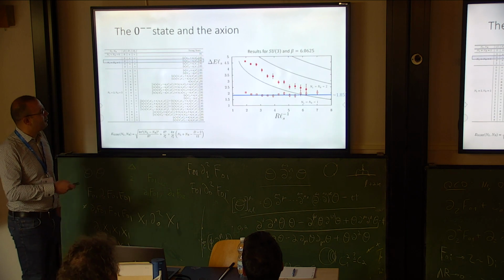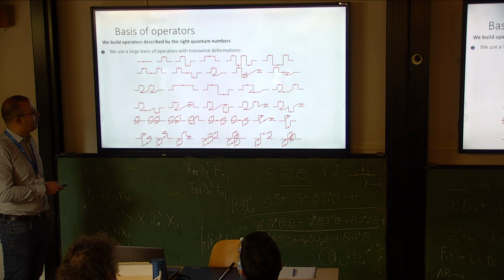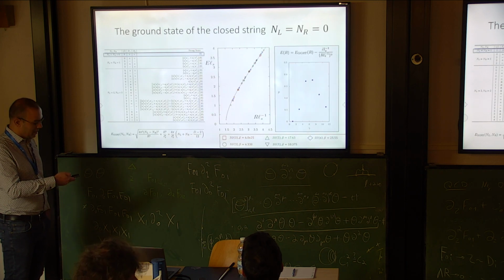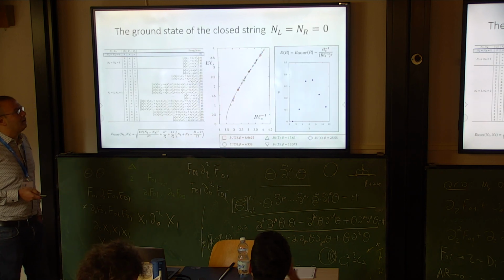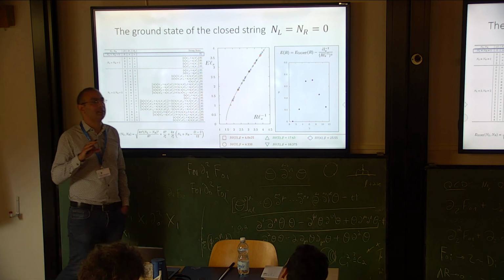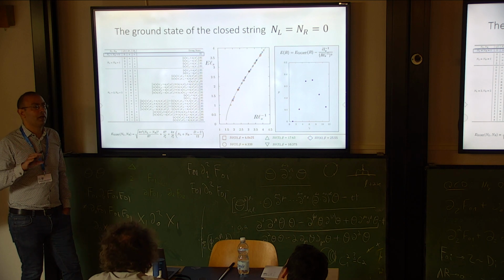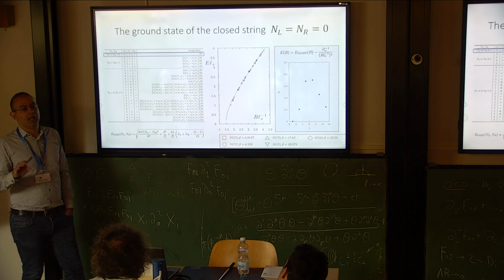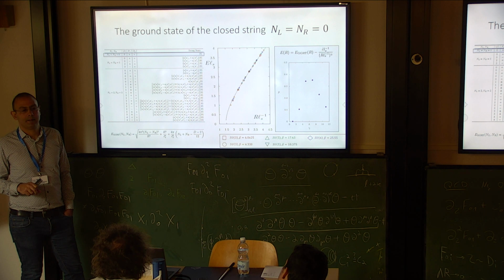Let me see if I have it here. No, I don't have it here. Maybe, if we compare it to the equivalent beta of SU(3), it's around 0.9 fermis. It's quite close to the continuum.